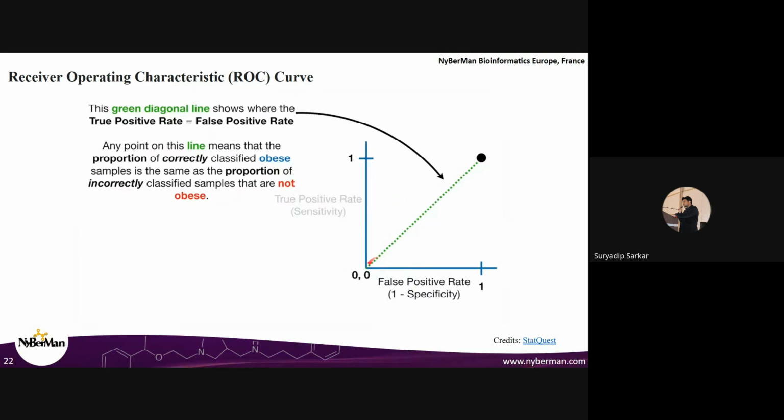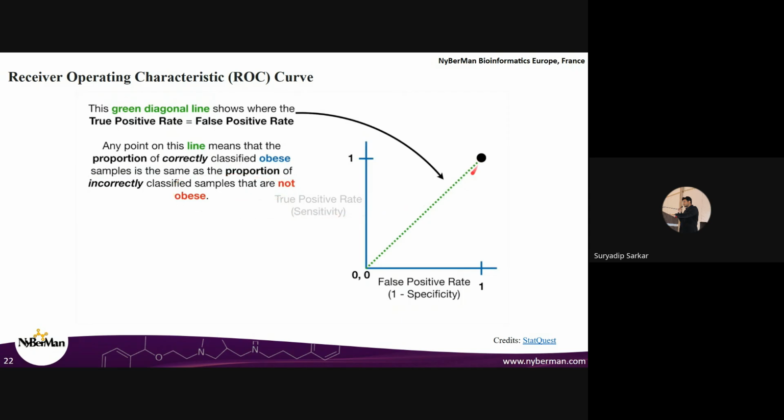So if I now draw a green diagonal from the origin to this point, this is the line at which TPR, true positive rate, is the same as FPR, or false positive rate, right? Any point on this line means that the proportion of correctly classified obese samples is the same as the proportion of incorrectly classified non-obese samples.